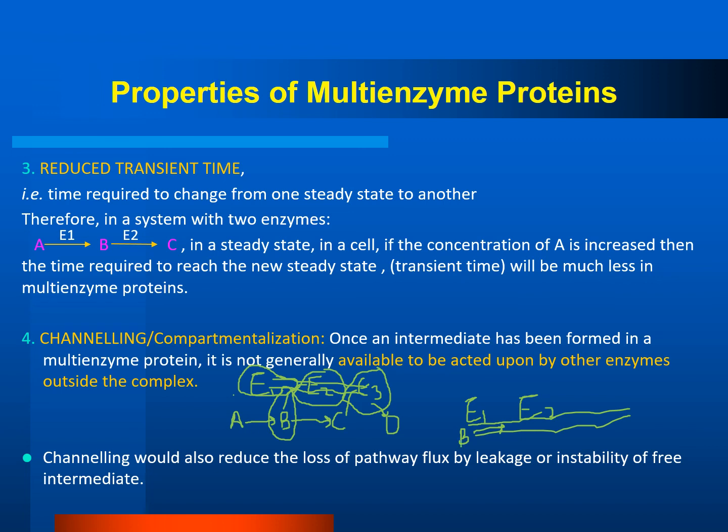A will travel, A will be acted upon by E1, then B will be acted upon by E2, and like this. Such an arrangement has led to the protection of the intermediates in multi-enzyme proteins, as well as reduced the loss of pathway flux or the loss due to the instability of free intermediates. So this is a very important feature.